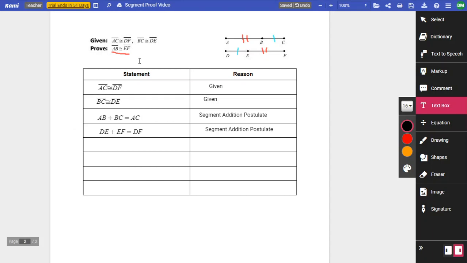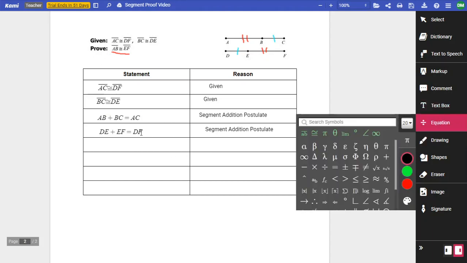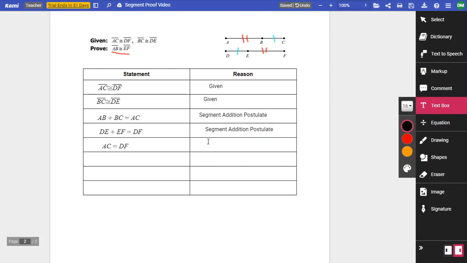So here's what I want to use. I want to use my first piece of given information. I know that segment AC is congruent to segment DF. So what I'm actually going to say here is I'm going to get really thorough, and I'm going to say that AC is equal to DF by the definition of congruence.